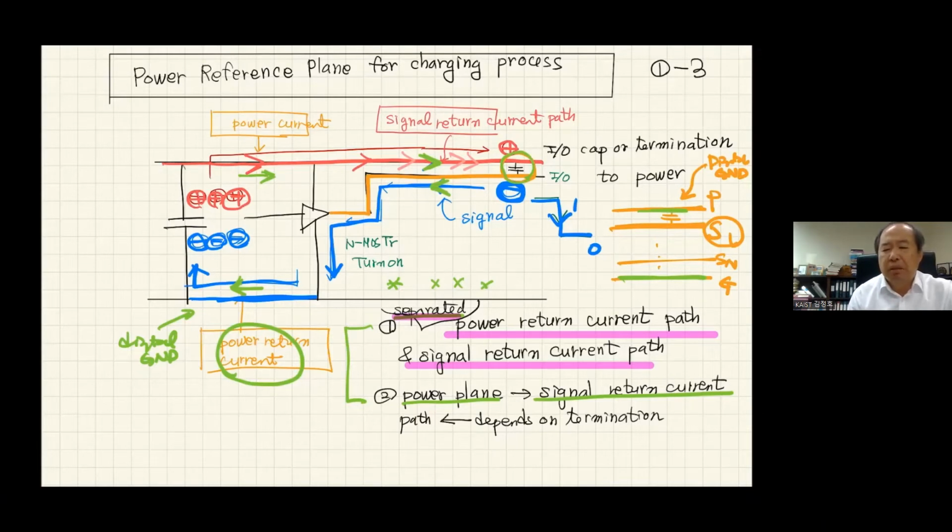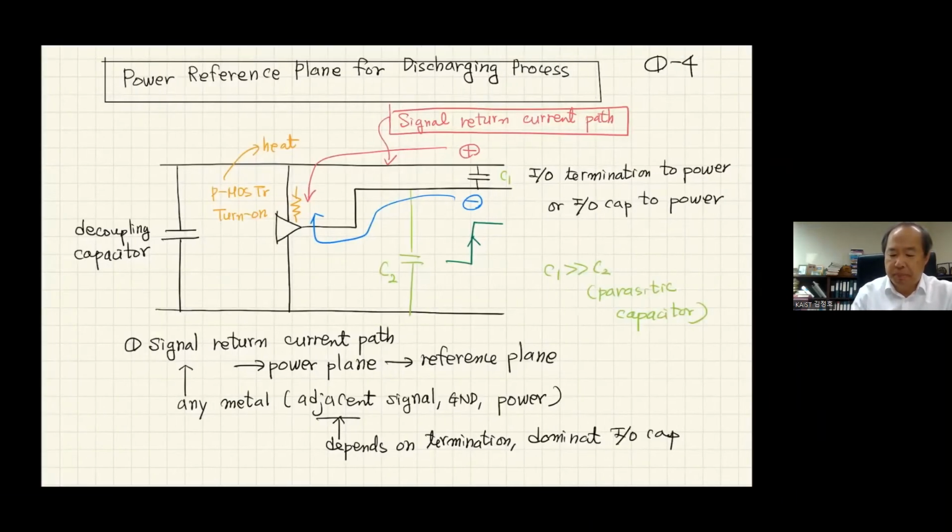This is an odd case. There could be 1,000 different cases, and for the purpose of the tutorial, I am showing you these 3 different cases. This is another case where let's assume the IO signal line is facing the power plane with the IO capacitor.